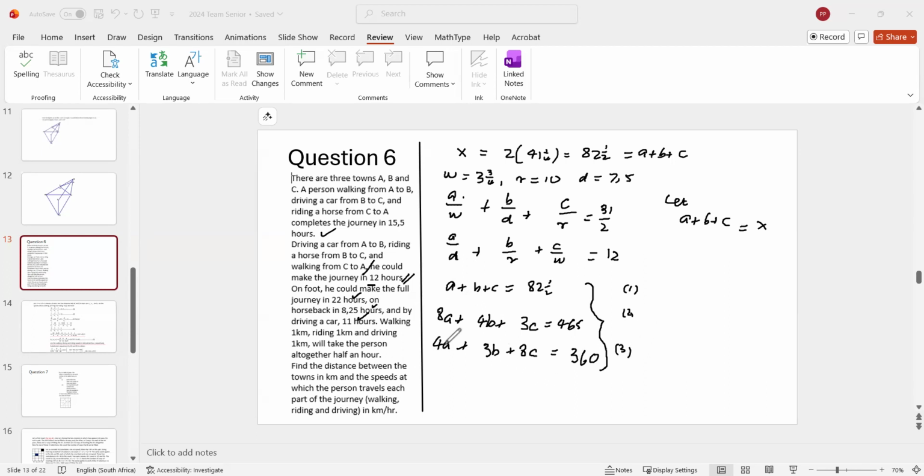So if you take 2 minus twice 3, that'll get rid of the A's. So you got this minus twice that. 4B minus 6B is minus 2B.